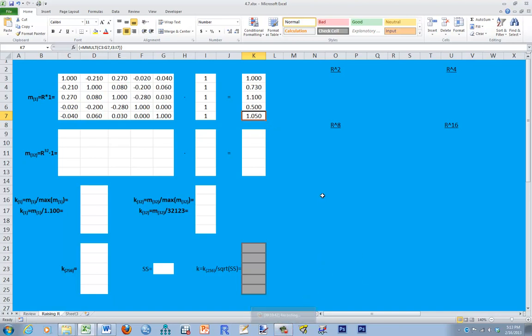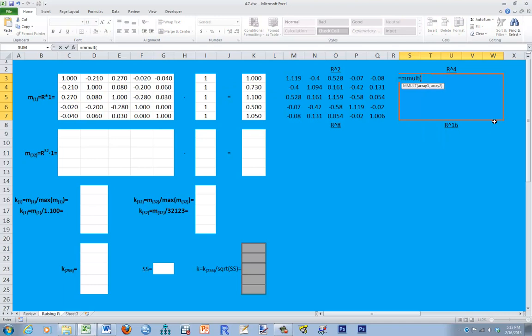So now I'm going to create R squared, R to the 4th, and continue until I get R to the 32nd. For R squared, I'm going to highlight a 5 by 5 matrix and make that equal to matrix multiplication, R times R. Then do the same thing, matrix multiplication, with R squared, the same one again.